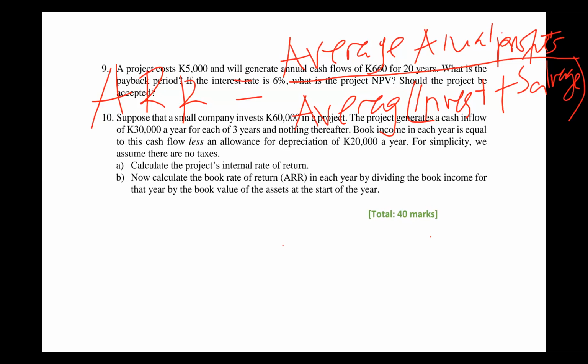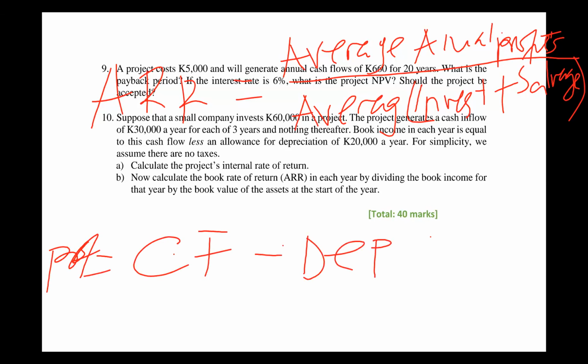So if you are given the cash flows, the profit can be calculated by saying the profit can be cash flow minus the depreciation. If you have any depreciation in the question, again, minus the taxes. Then what you have now is the profit that we are talking about.